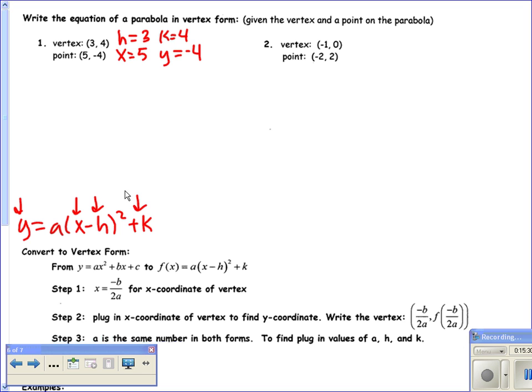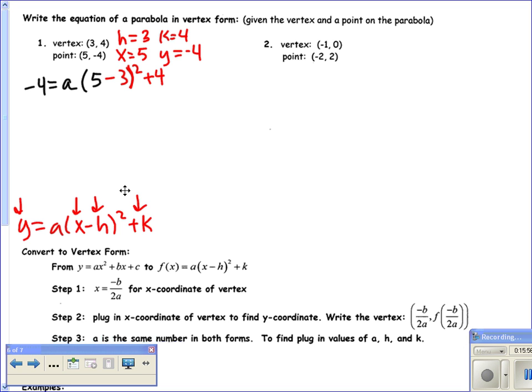So my point, I have a y value of negative 4 is equal to, I don't know a, so I'm going to solve for that. And then I get x, which is 5, and then minus my vertex. So my h value is 3, so minus 3, and that's squared. And then I have my k value, which is 4, so then it's positive, so plus 4.